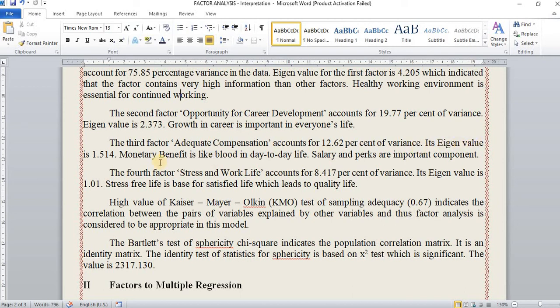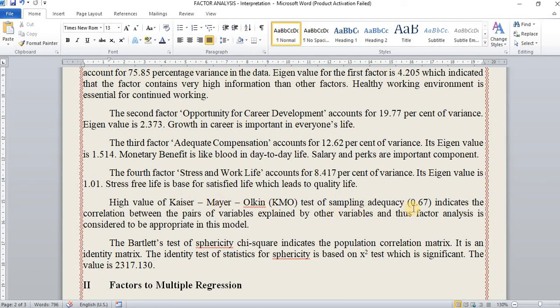Its eigenvalue is 1.514. Monetary benefit is the lifeblood of day-to-day life. Salary and perks are important components. The fourth factor, stress and work life, accounts for 8.417% of variance. Its eigenvalue is 1.01. Stress-free life is the base for a satisfied life, which leads to quality life.